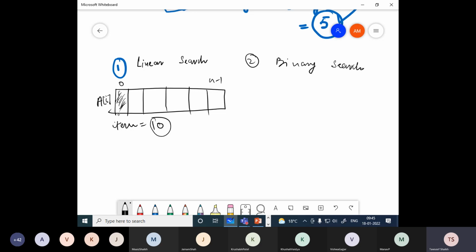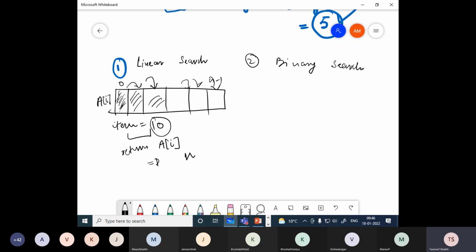First we compare with the first element. If the item is 10 at this location, we return the address of the array a of i at which this condition is correct. If not, we increment i, reach the next location, and compare again. If it is equal, we return that address; if not, we move on. Doing this, we cover each and every memory location of this array or data structure.